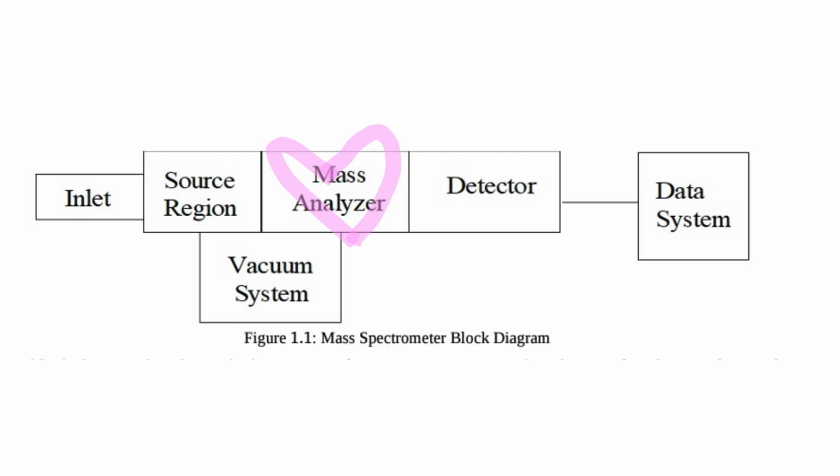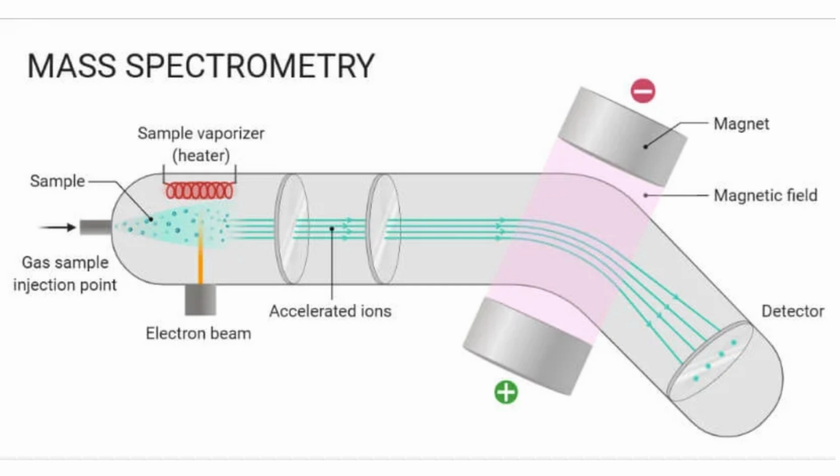In some experiments, the pressure in the source region or a part of the mass spectrometer is intentionally increased to study these ion-molecule interactions or reactions. Under normal operations, however, any collisions will interfere with the analysis. So again, don't forget the mass analyzer is the heart of our mass spectrometer.